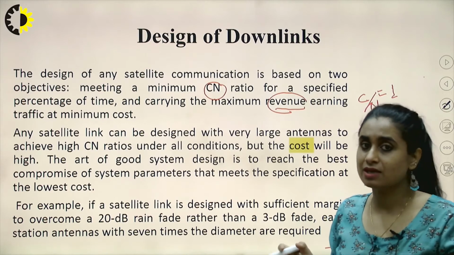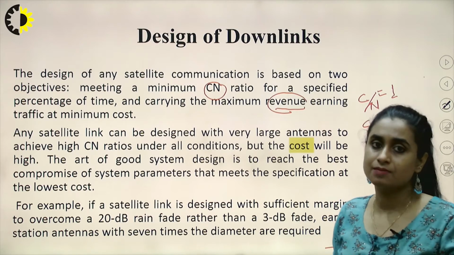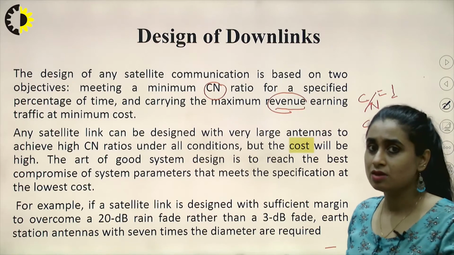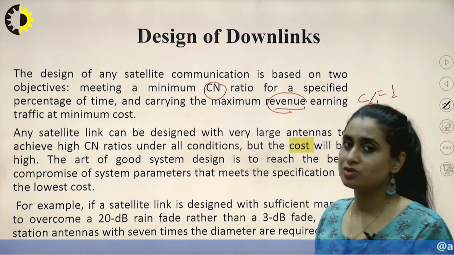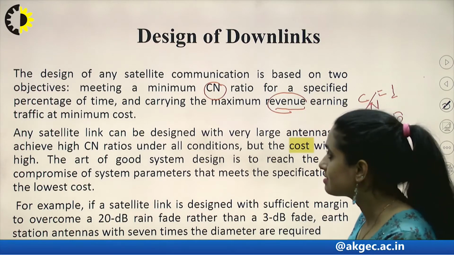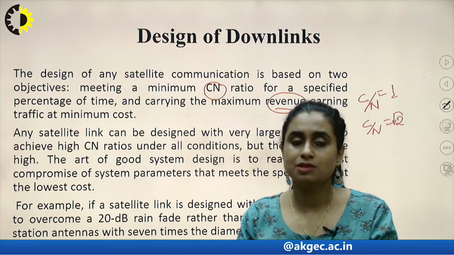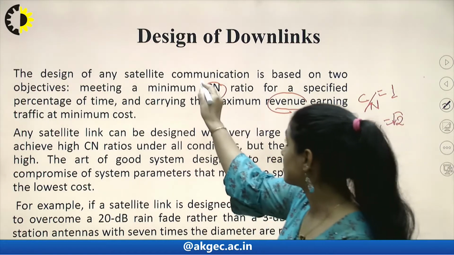Actually it receives, but it will not appropriately interpret that received signal. So that system is not considered good. The system which works appropriately with minimum C to N ratio is considered to be a good system, right? So while designing a system, we should take care that my system works with minimum C to N ratio. That is one of the major requirements.